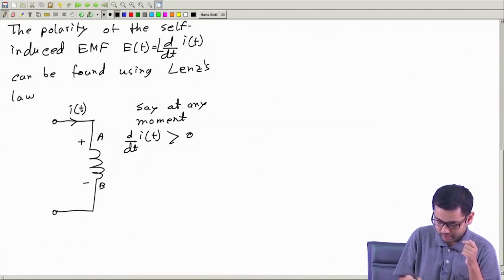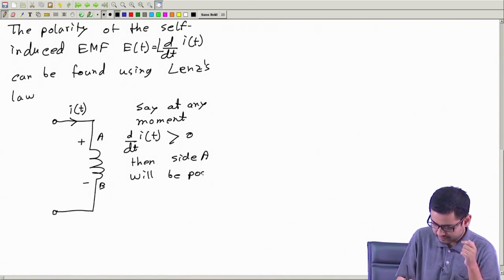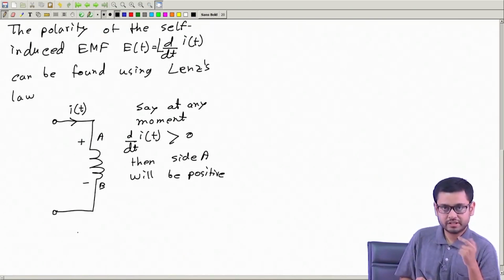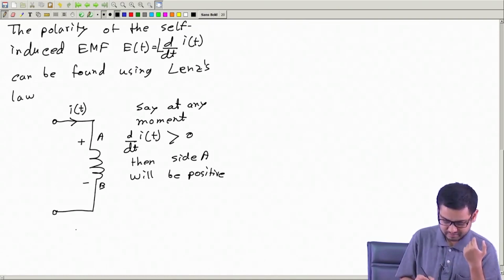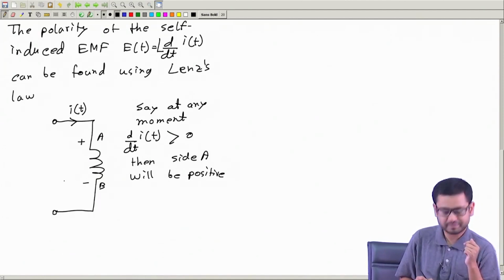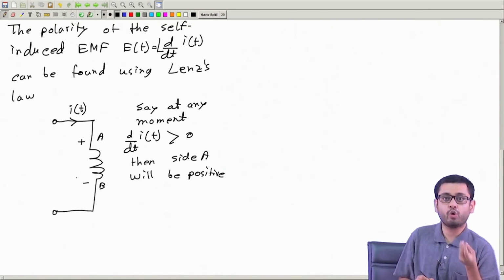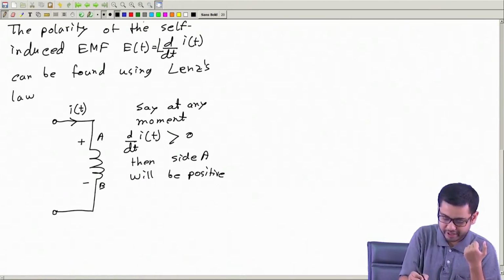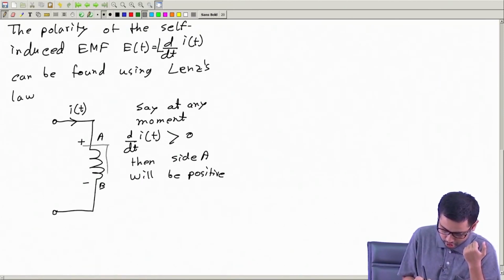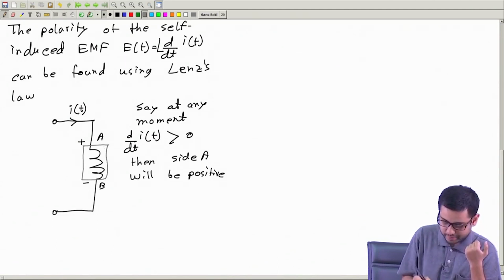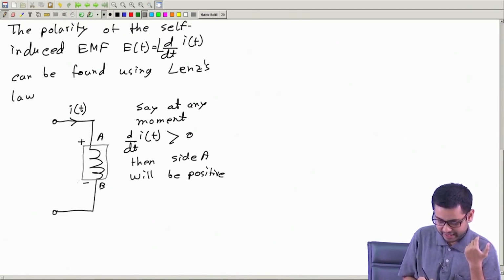So say at any moment dIT/dt is greater than 0, then terminal A will be positive. Let me quickly justify this. When I'm saying this is positive, this is negative, you think of this inductor, this coil, as a battery, as a source of EMF, which has plus side here and minus side here.